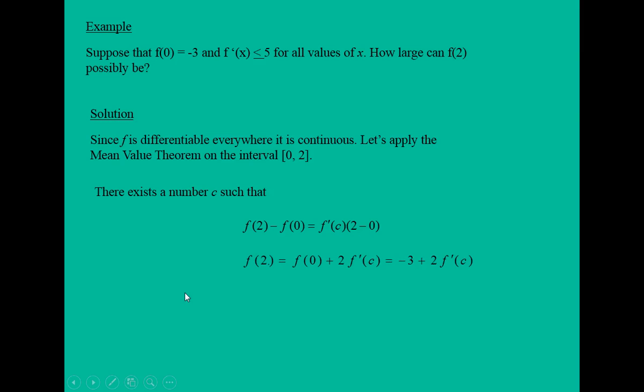So if we plug in our values, we should be able to find our f prime of c has to be less than or equal to 5. And we know f of 2 must be less than or equal to 7.